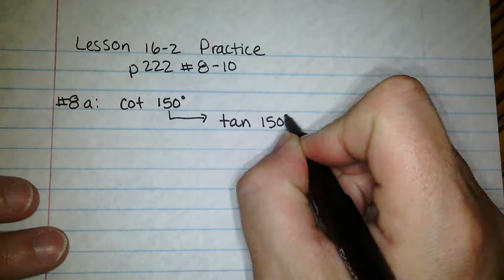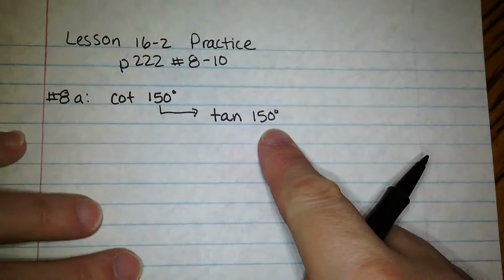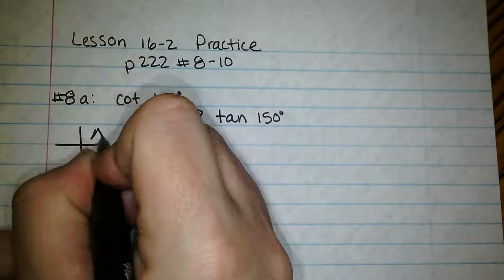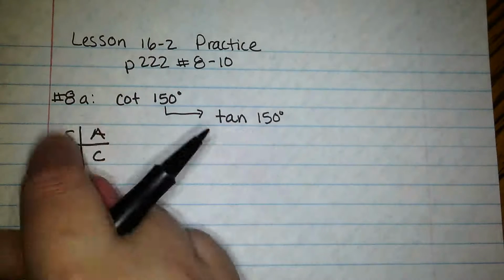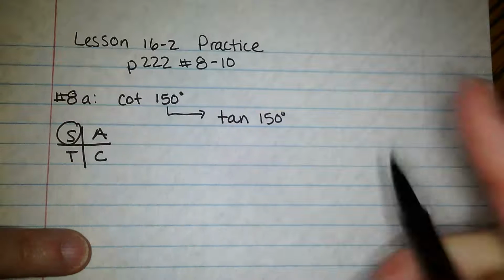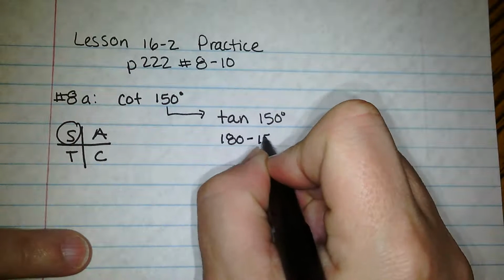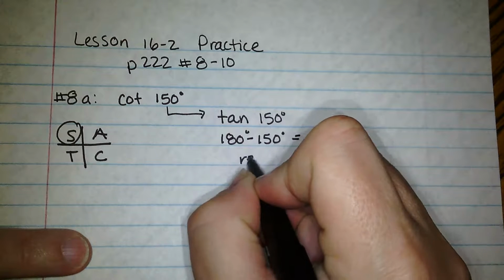150 is not a quadrant 1 angle, so you need a reference angle. Over here on the side, I have All Students Take Calculus, and 150 falls in quadrant 2. That means my reference angle is going to be 180 minus 150, and that's 30. This is my reference angle.